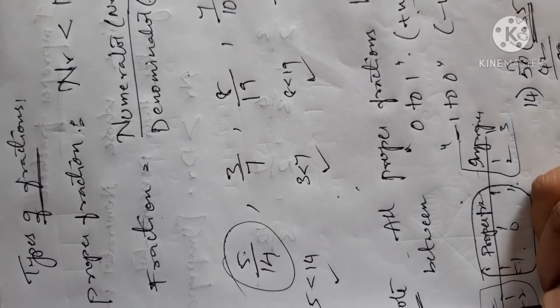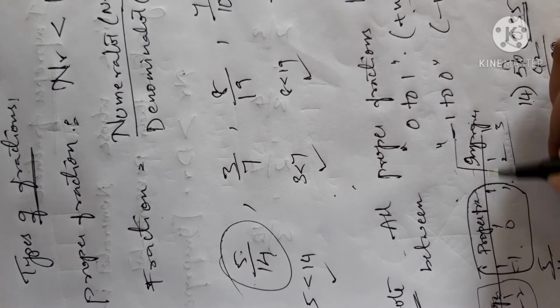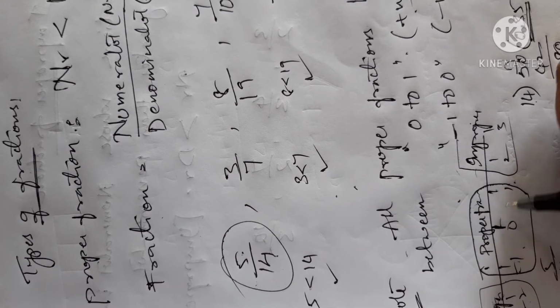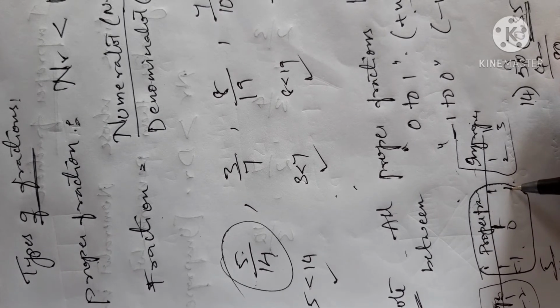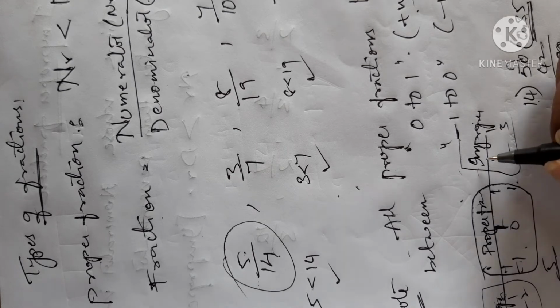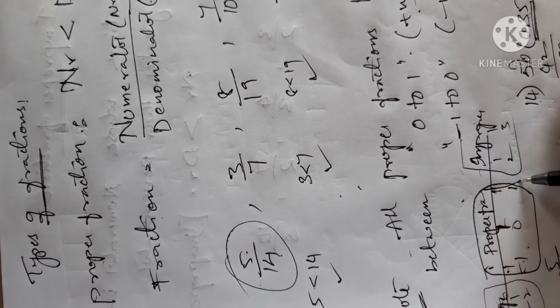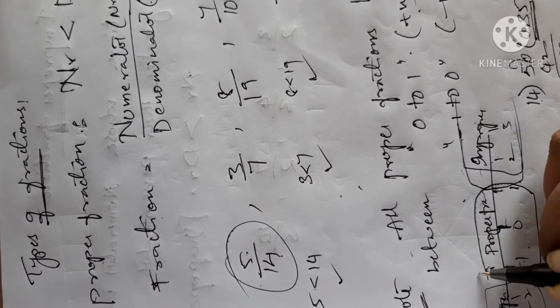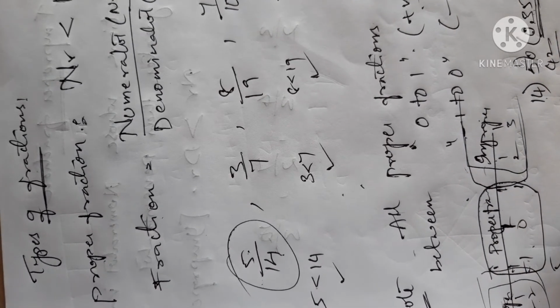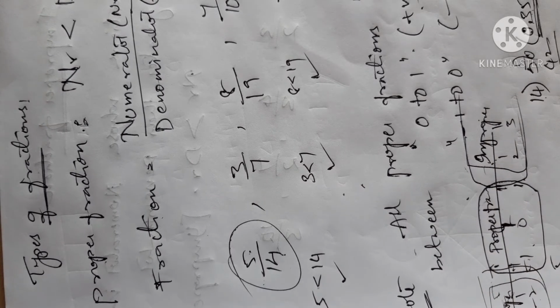If it is a positive proper fraction, it lies between 0 to 1. If it is a negative proper fraction, it lies between 0 to -1. And if it is an improper fraction, it lies from 1 onwards, and from -1 onwards. These are improper.